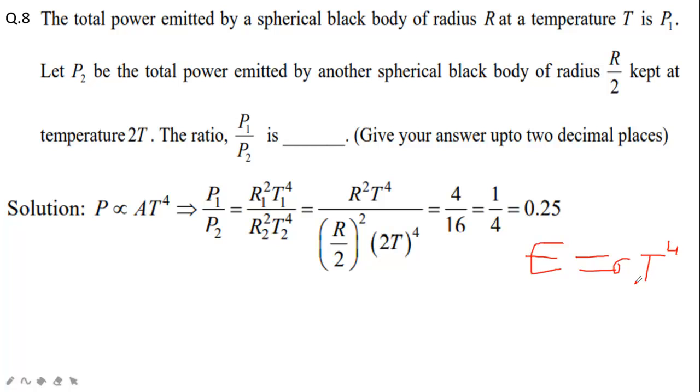So usually students follow this formula, but you will have to follow the other formula for these types of questions where radius or area or quantities like these are given.